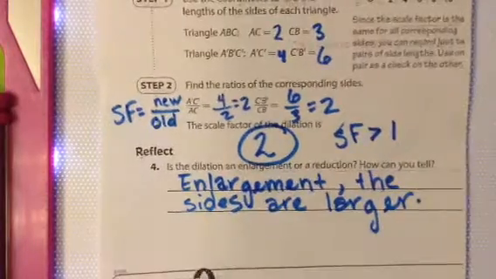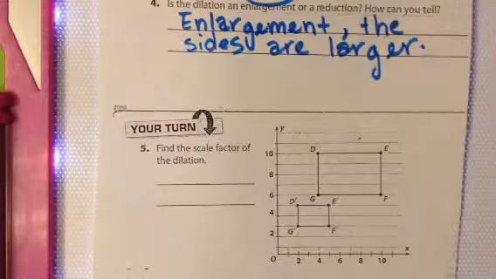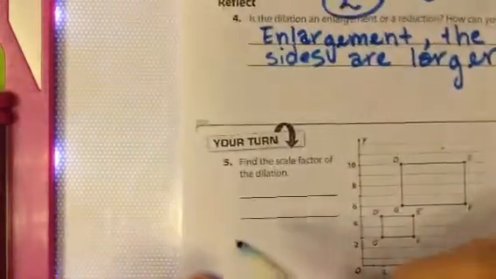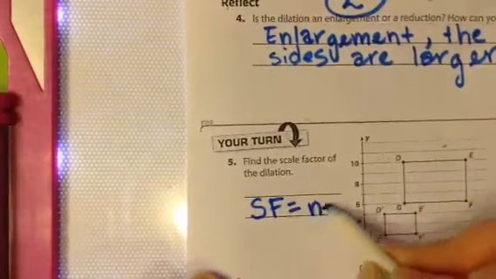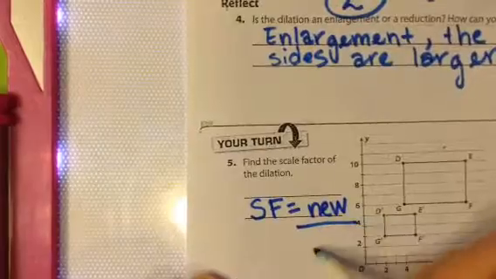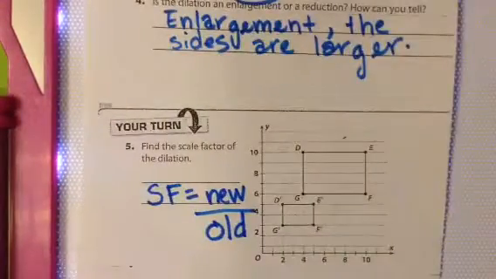Okay, so on number 5, it says find the scale factor of the dilation. You're going to set up a ratio to get the scale factor. It's always new over old.